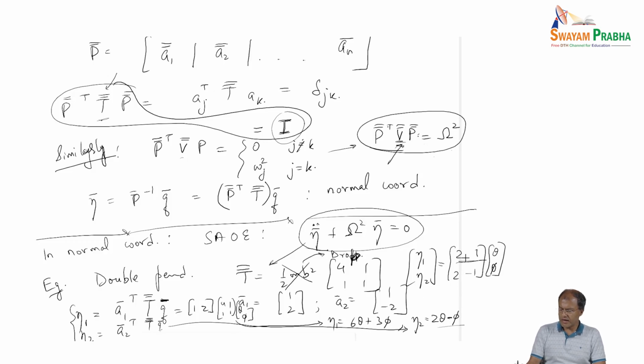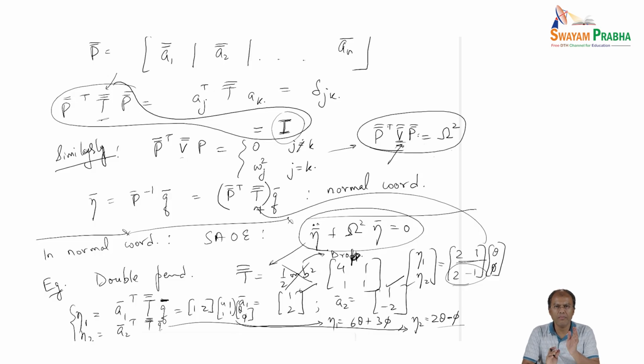We see that these are exactly the eigenvectors that we had found for the double pendulum problem. So these are constituting the columns of the matrix P transpose. So the idea should now be clear how to use the normal coordinates.